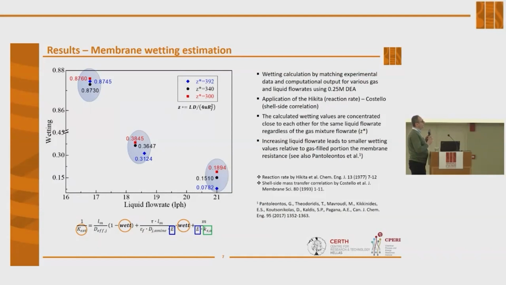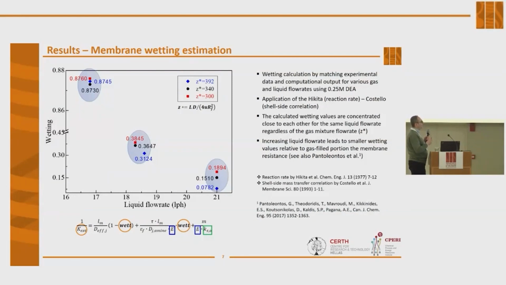The first wetting pattern we may discern is that for the same liquid flow rate, the wetting values are concentrated close to each other. And this is the decisive factor to verify our model. Because intuitively, we expect that for the same liquid flow rate, we should have the same wetting.